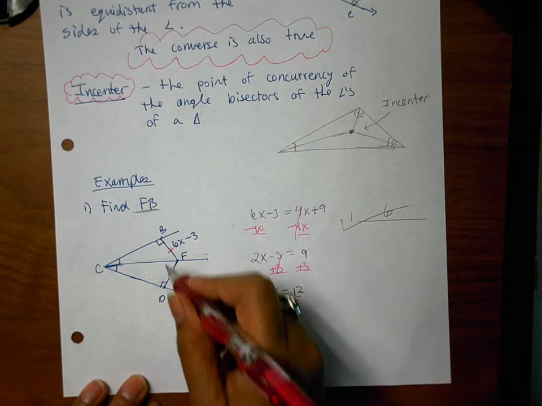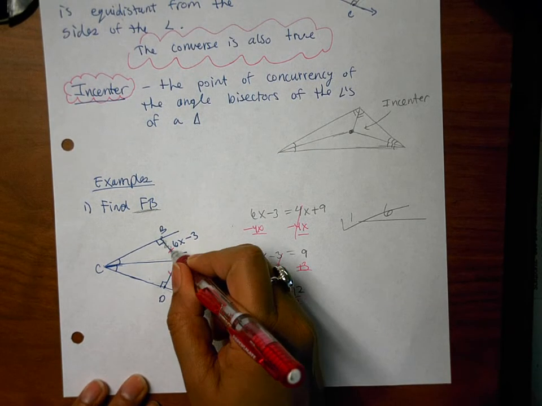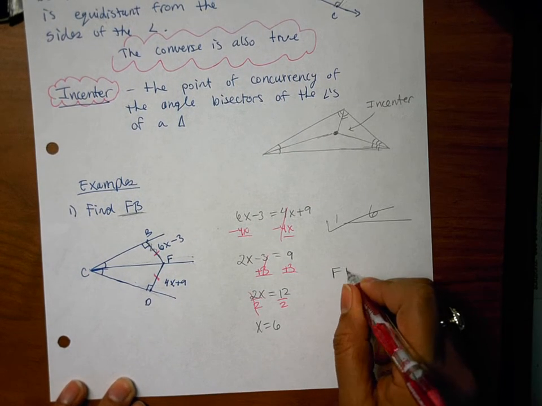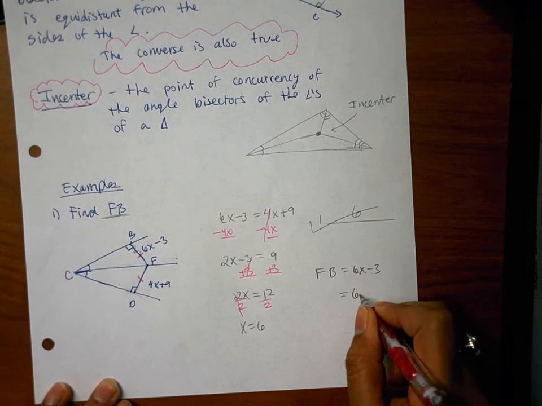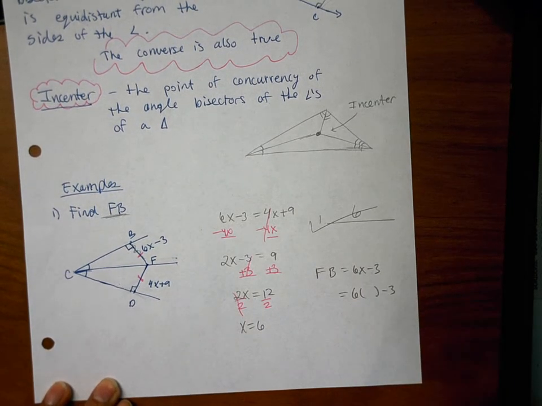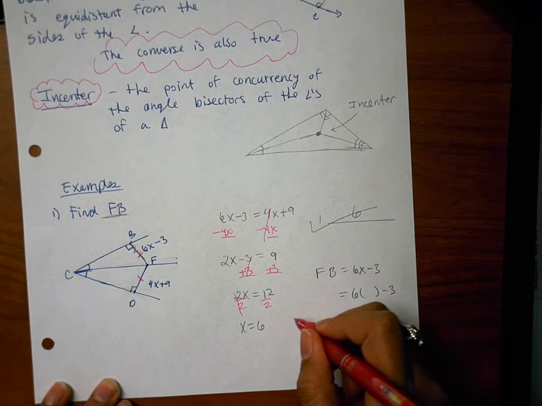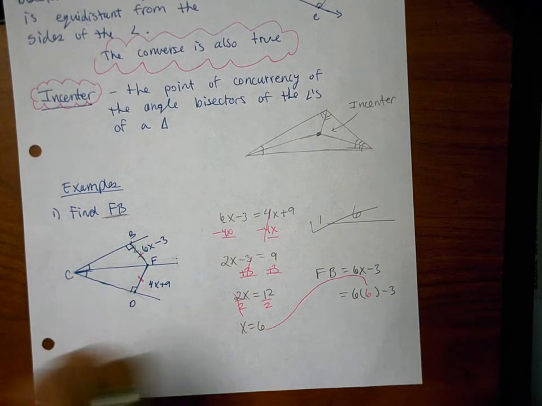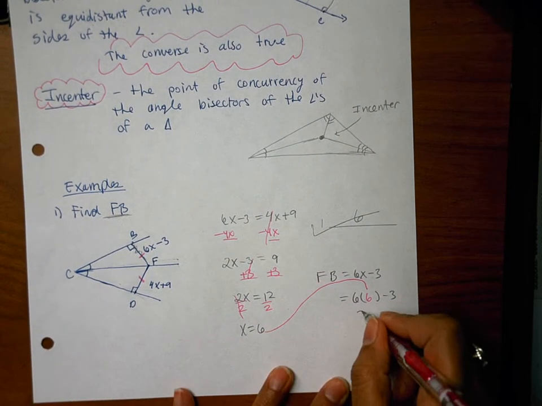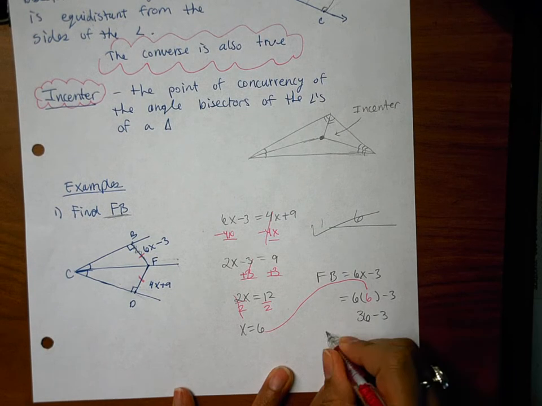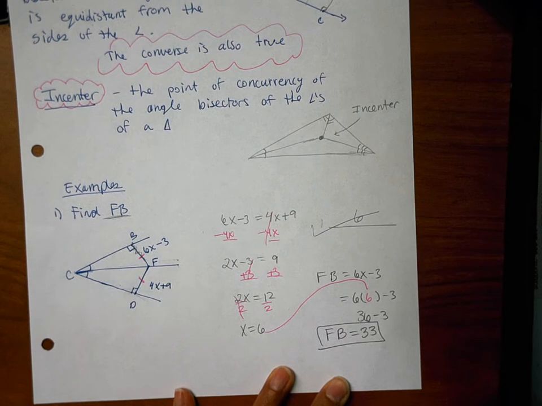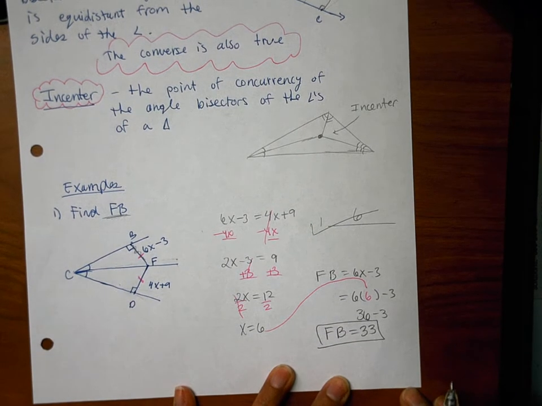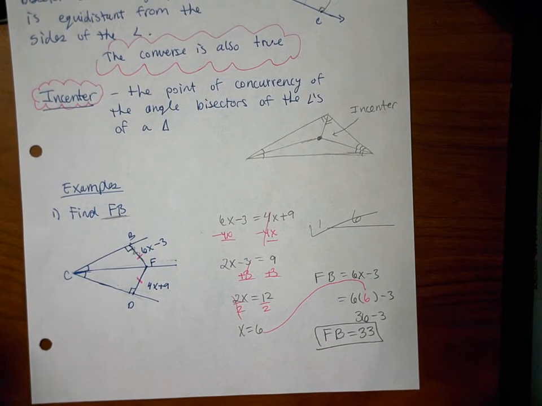We plug it in, this is FB here. FB equals 6x minus 3. Take the x that we just found, which was 6, and work it out. You get 36 minus 3. FB equals 33. So be careful. Make sure you read and know what you're looking for.